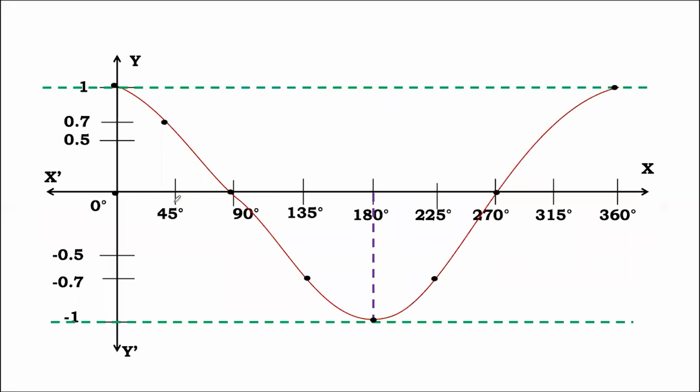This is the first quadrant, 90 to 180 the second quadrant, 180 to 270 the third quadrant, and 270 to 360 the fourth quadrant, right? Cos is positive in the first and fourth and negative in the second and third quadrants. Through the graph we can see, right?